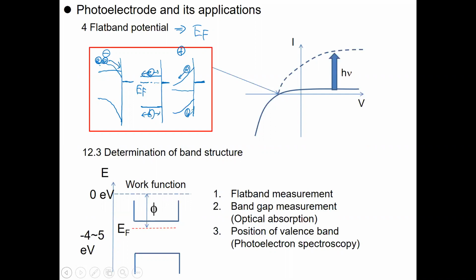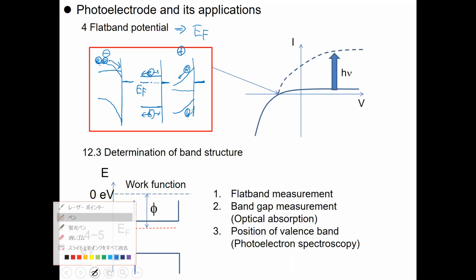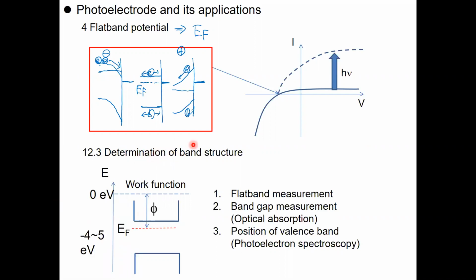So by using other analytical methods, now you could decide the band structure of the electrode, which is quite important to understand the charge processes. So here's the first, for example, this kind of sample is here.